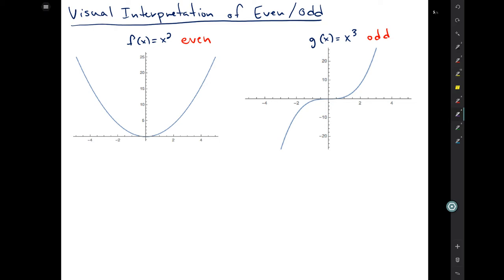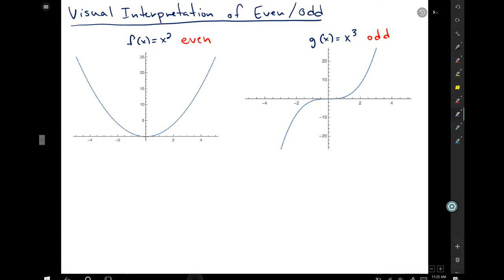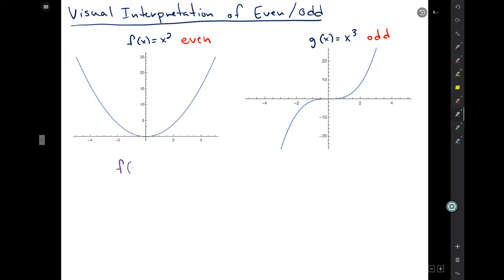For an even function, remember the definition is that f of minus x is equal to the original function f of x. So that means, for example, f of 2 needs to be equal to f of minus 2. It might make more sense if I write that in the other direction. f of minus 2 has to be equal to f of 2.